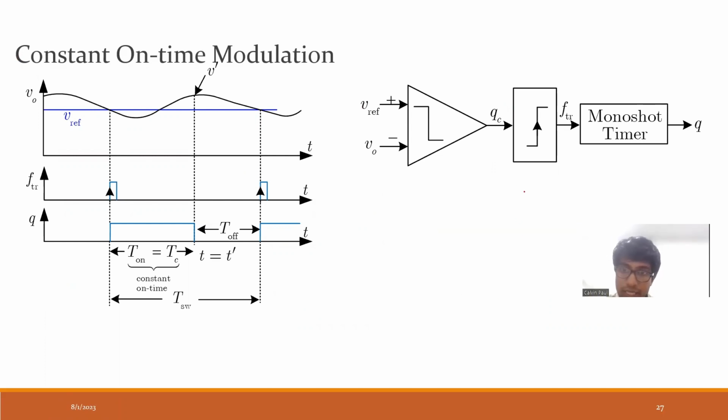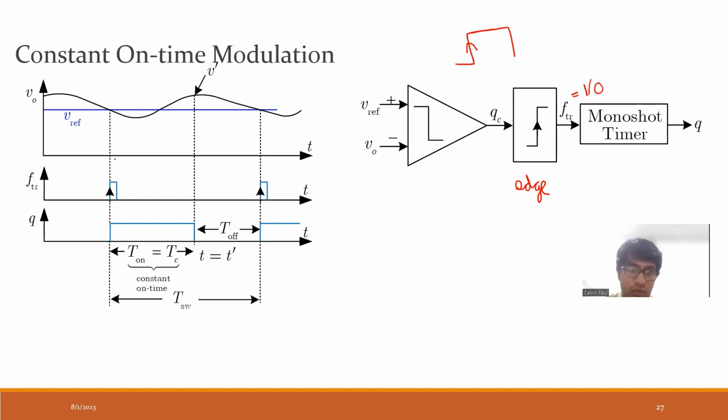See, this is an edge triggered circuit. It's not a level trigger. This F trigger will be 1 only when QC rises. When it rises, it will be 1, and when it is stable, it will go back to being 0.